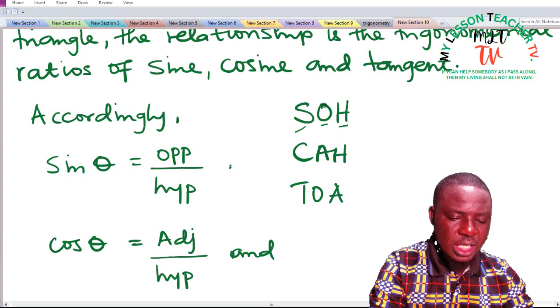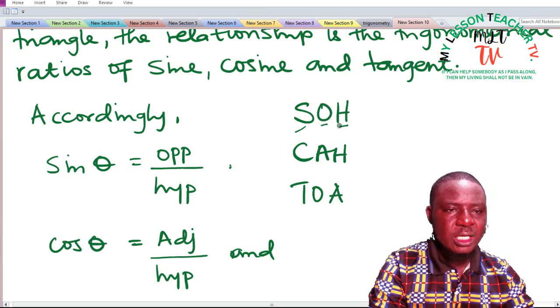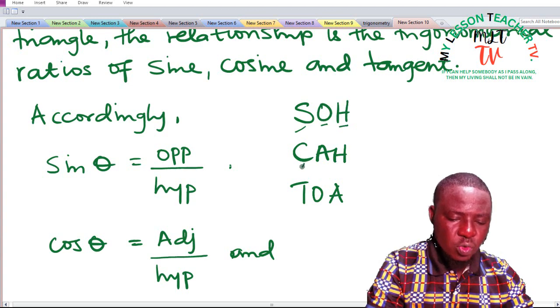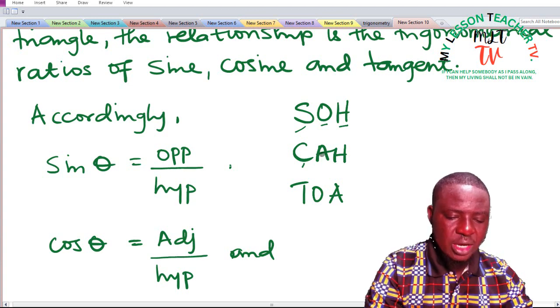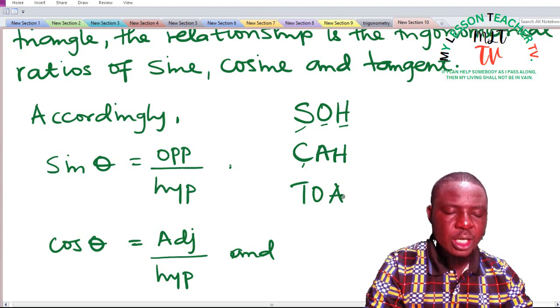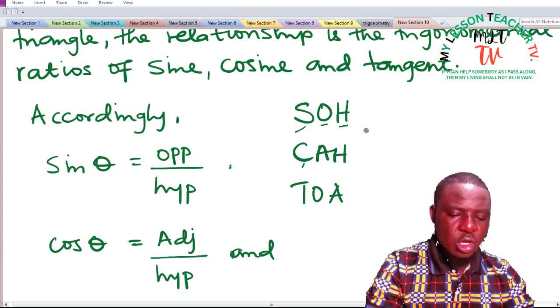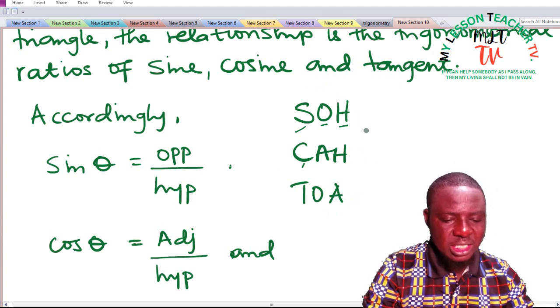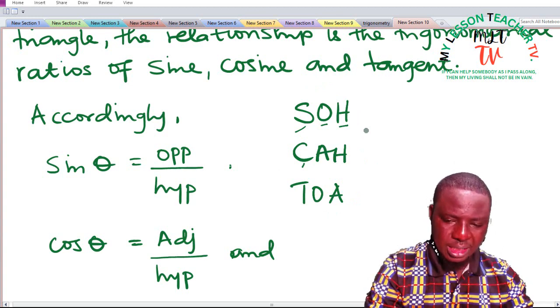That means that O stands for opposite and H denotes hypotenuse, while CAH is the cosine of an angle, the ratio between the adjacent side of a right angle triangle to the hypotenuse side, while TOA is the tangent, the ratio of the opposite side to the adjacent side. So with this, you can memorize what we meant by sine theta, cos theta, and tangent theta.